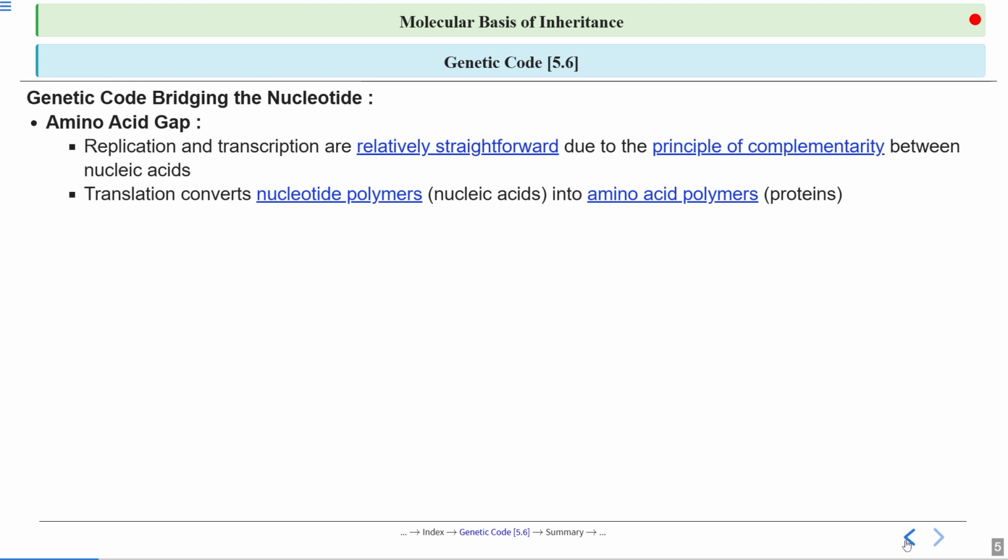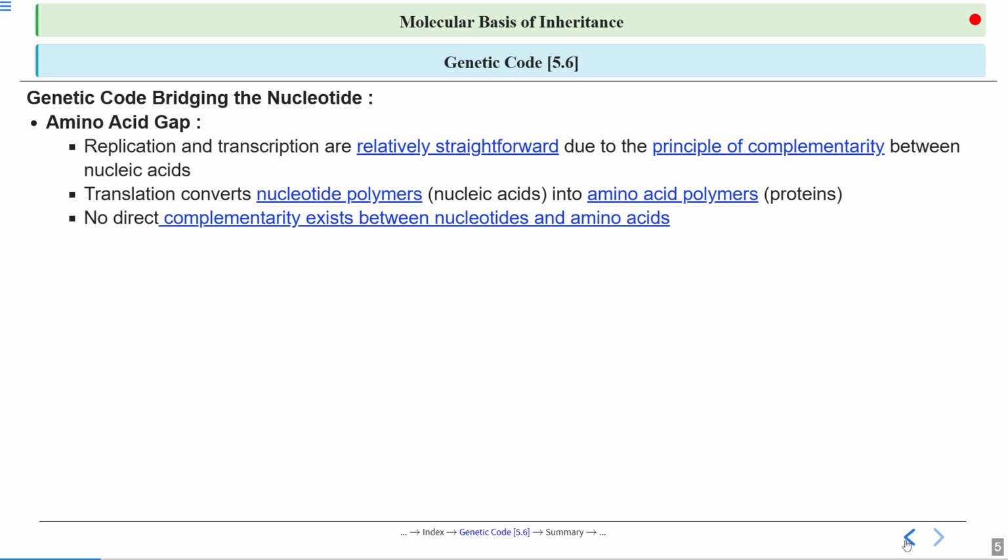But in translation, mRNA is being translated into proteins. So this nucleotide polymer, the nucleic acid, is going to be converted into amino acid polymers, which is protein.